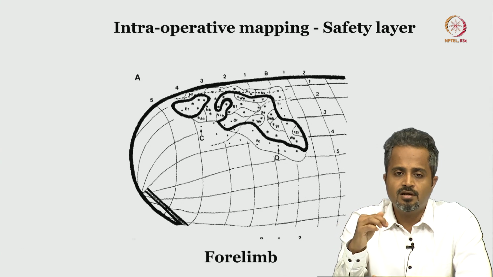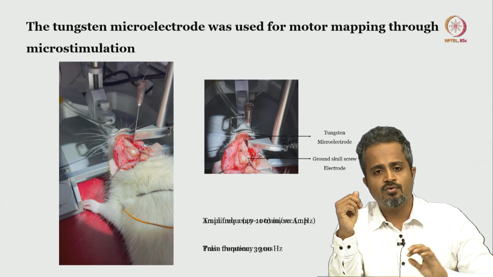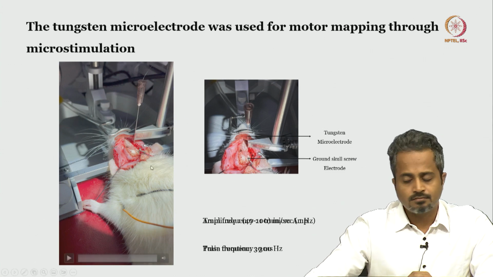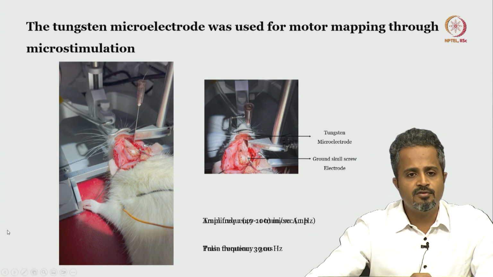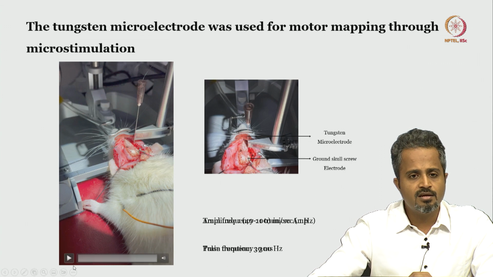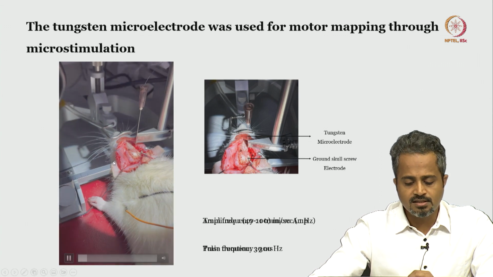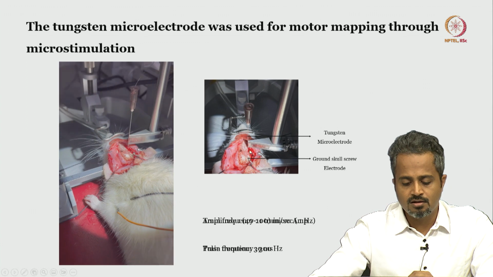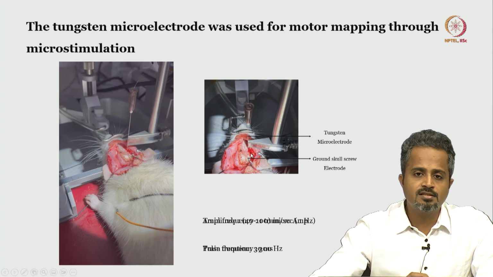So, that much is definitely possible, and this is one example from our own study where we implanted the tungsten microelectrode, as you can see here, and the steps we are going to discuss anyway.